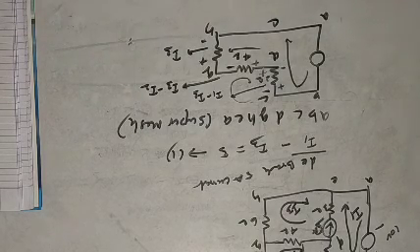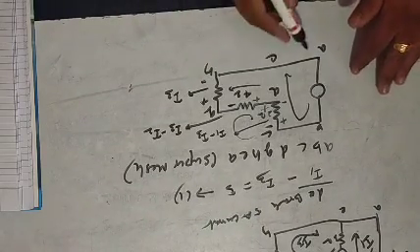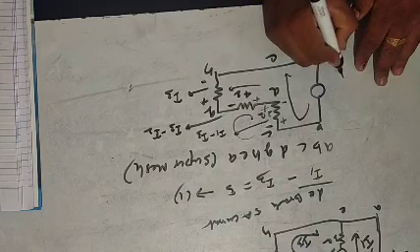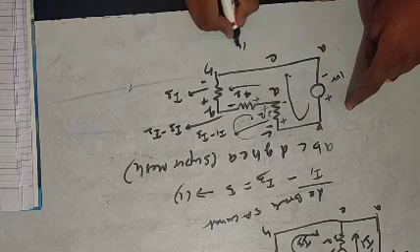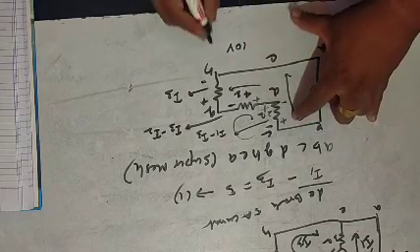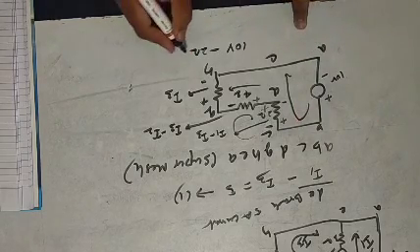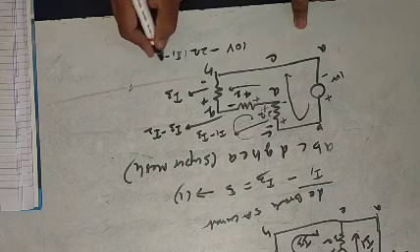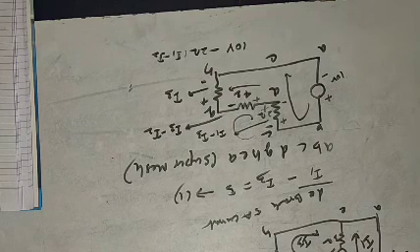If I apply the KVL, for the supermesh we should apply the KVL. Moving from negative to positive, so this is 10 volt. First I reach the positive, so minus 2 ohm. The current in 2 ohm is I1 minus I3.